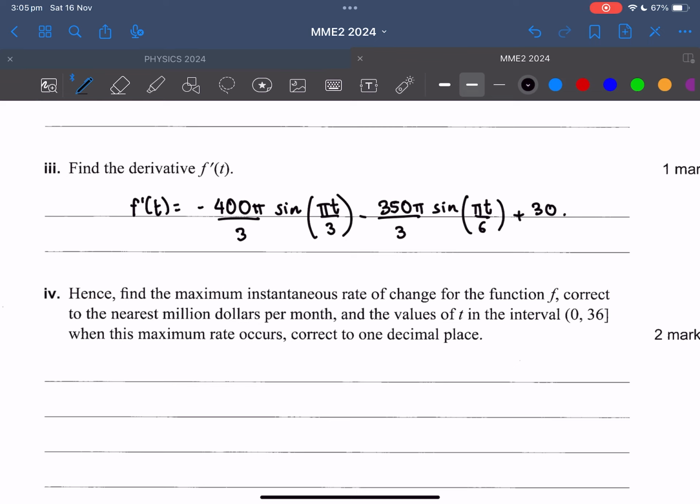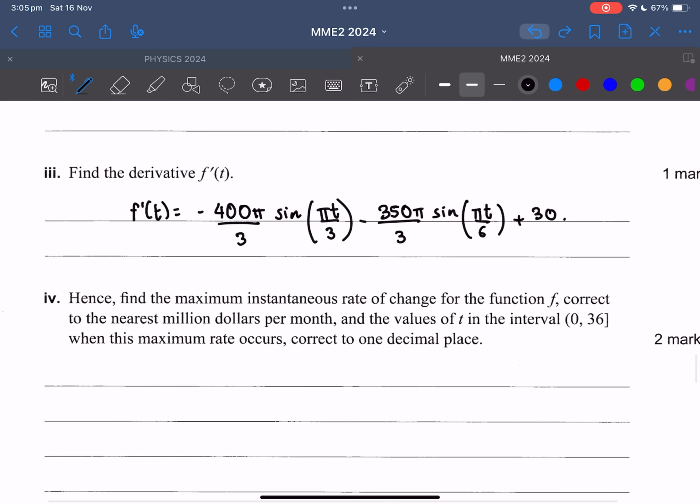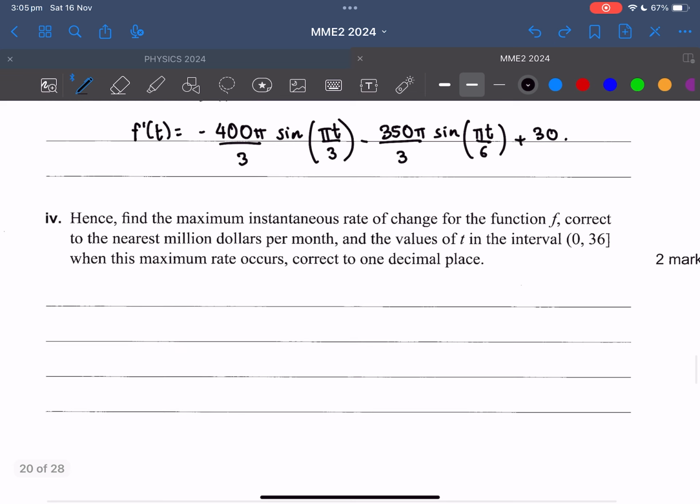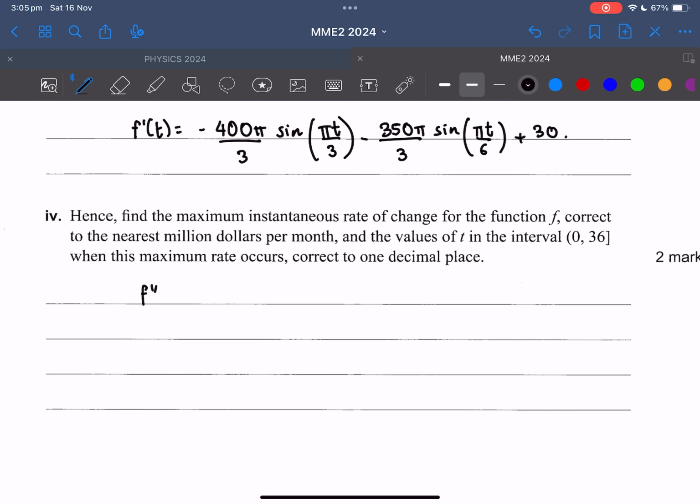So we have to find the maximum of the instantaneous rate of change. So what does this give us basically? What is this function here? This function, the one that we just calculated, the derivative of f, is the rate of change. And if I want to find the maximum of that rate of change, what do I have to do? I have to differentiate it again, right? So our solution will be f double derivative of t has to equal 0.